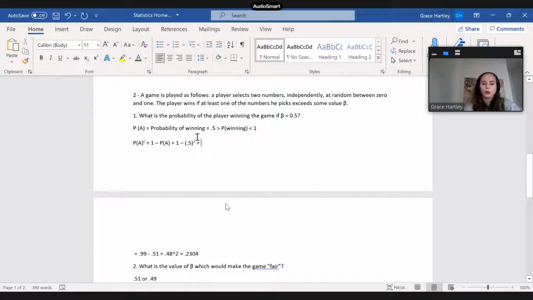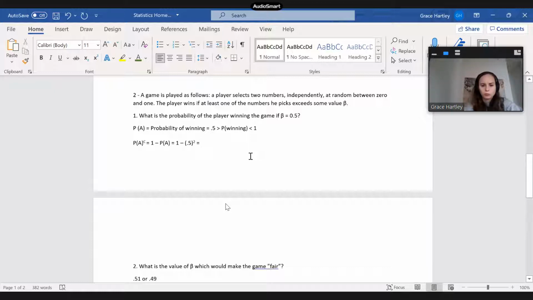So, let's get rid of this. But the syllabus formula is a little bit weird, because ultimately you want to calculate the probability of A instead of the probability of A complement.